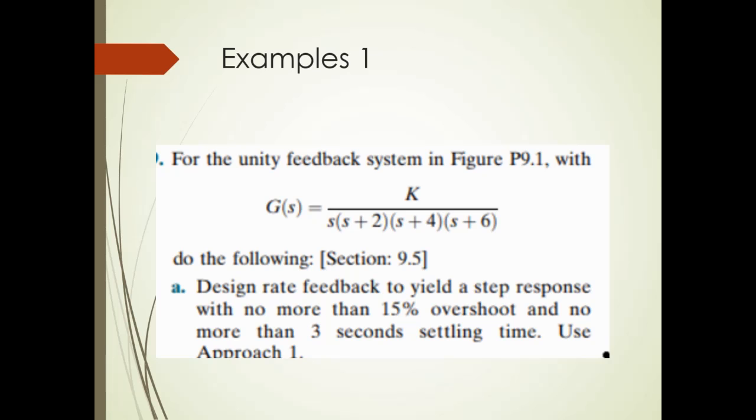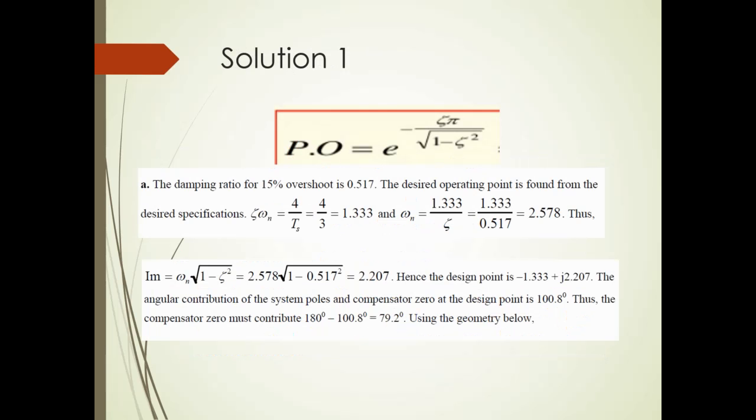The question is to design rate feedback to yield a step response with no more than 15% overshoot and no more than 3 seconds settling time. Use approach number 1. So the givens are the 15% overshoot and the 3 seconds settling time. So here's the solution.